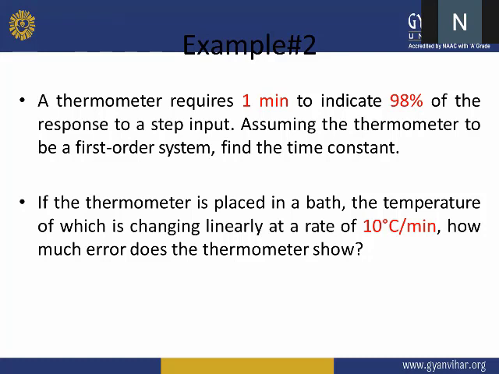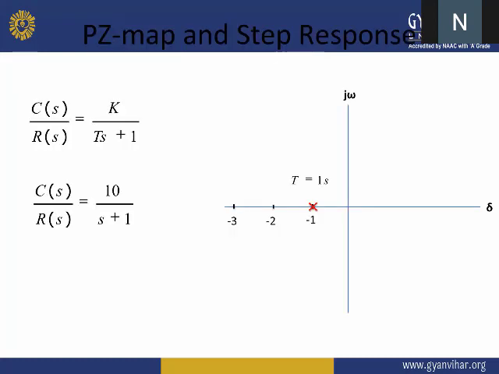So let's see this. Let's consider this first order system in which the time constant is given as 1 and the gain is given by K equal to 10.